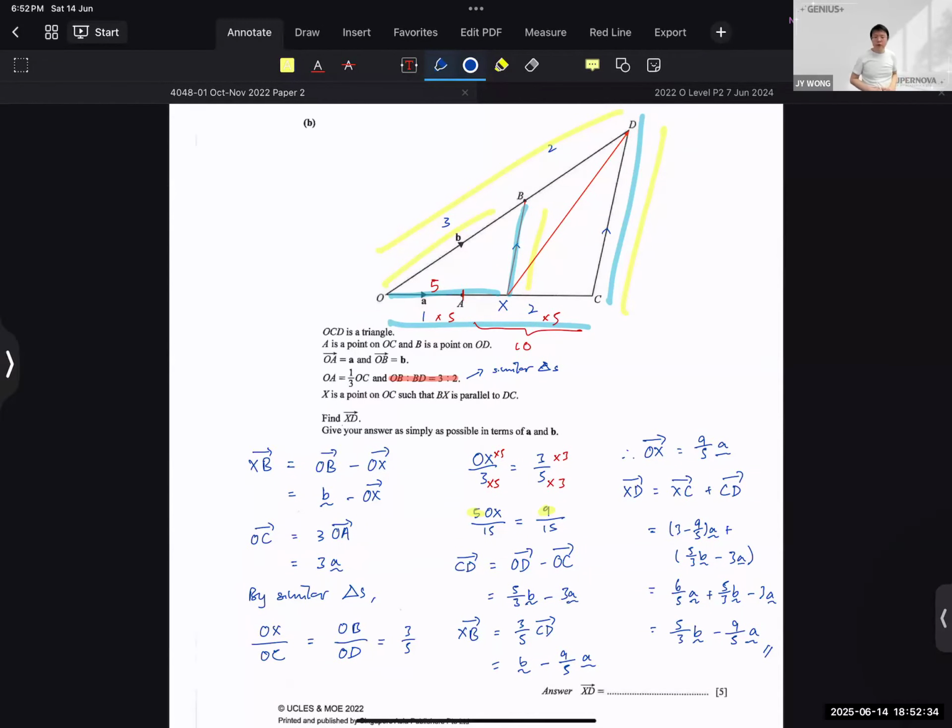Actually, for 5 marks, it's not very difficult. It is a little bit tedious, but I don't think it's difficult. But you must recognize similar triangles. That's why they tell you parallel. That's all.